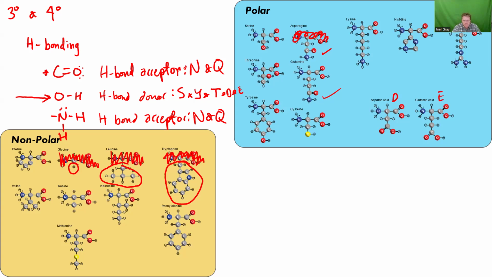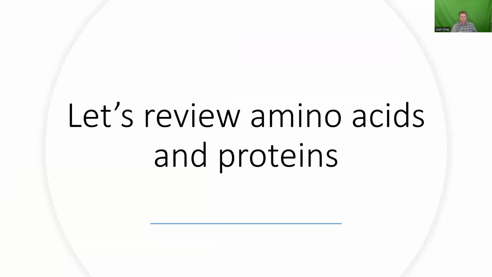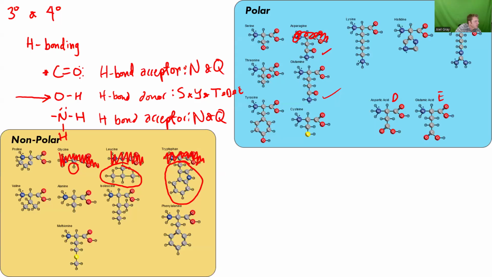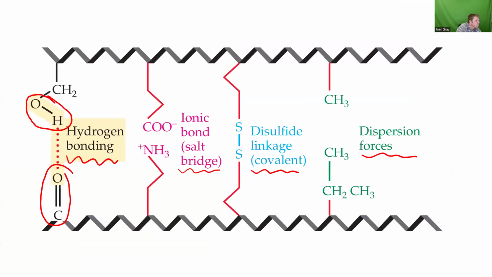Now, if we jump back for a second, I'm going to come up with my list for hydrogen bonding: N, Q, T, E, D, S, Y. Those are your single letter codes for amino acids that are great for hydrogen bonding.